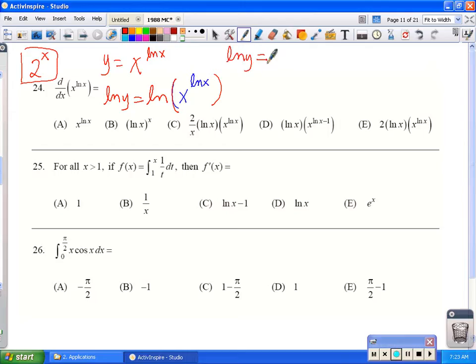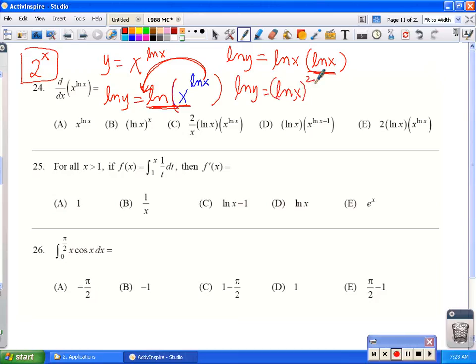I get ln of y, but on the right-hand side, I'm going to use a log property to bring this power down, and that will give me ln of x times the ln of x. Now this ln of x right here is what's left over from this part right here. So I'm bringing this ln of x in front, and this is the ln of x that's left over. So that's the ln of y equal to the ln of x quantity squared.